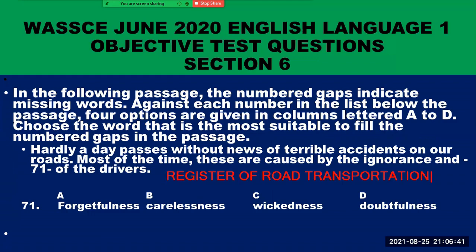All right. So we are dealing with the register of road transportation, and you need to understand the words that are associated with driving or motoring. All right. So let's now look at it. Most of the time, these are caused by ignorance and dash of the drivers.